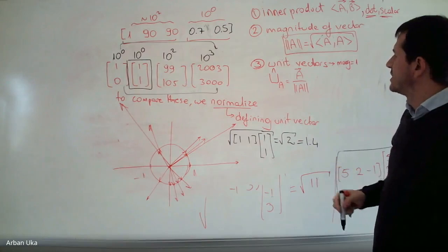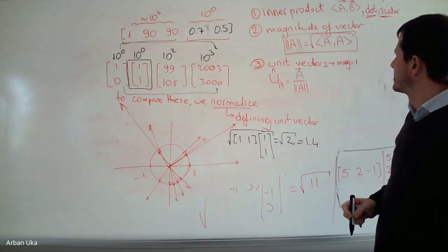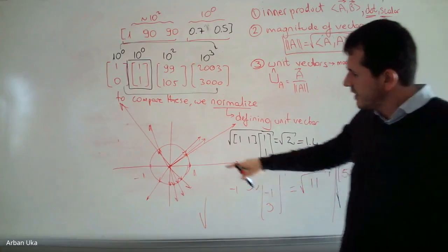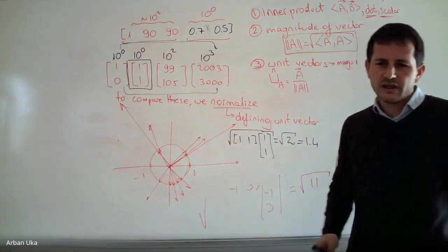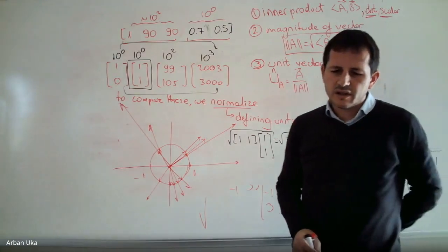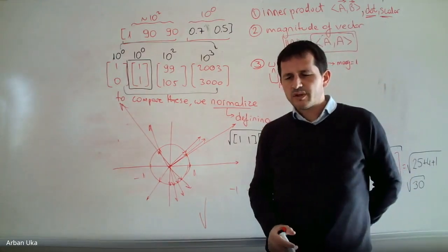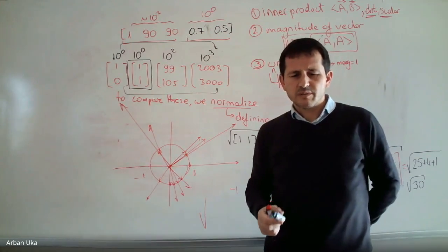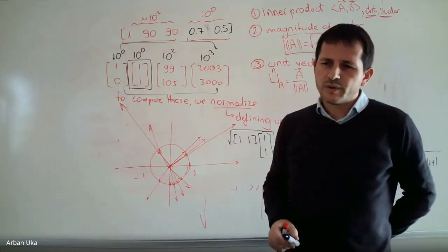So next, as we said, we try to define vectors or a unit vector. Then, once a lot of vectors are normalized, we start to compare them. Sometimes in the analysis of large data sets, we have a feature vector that describes something, and then we normalize it to one.